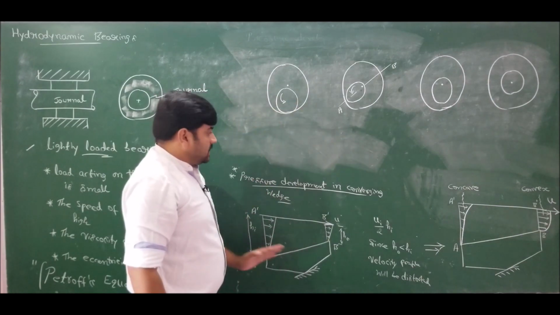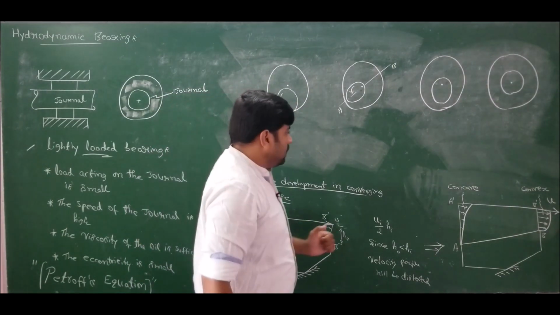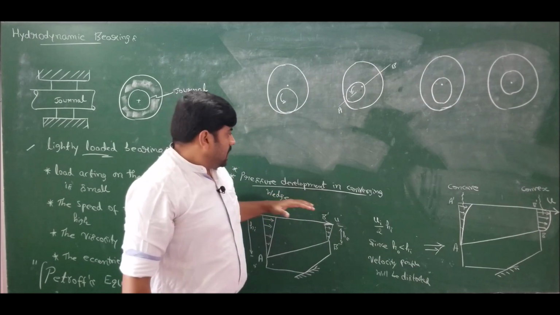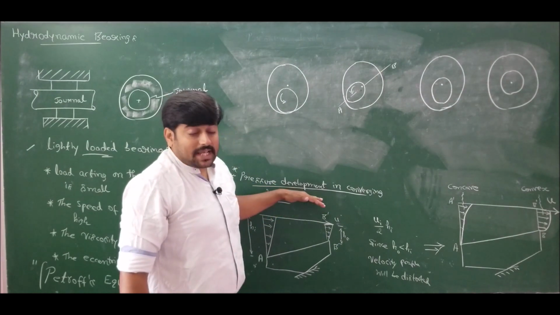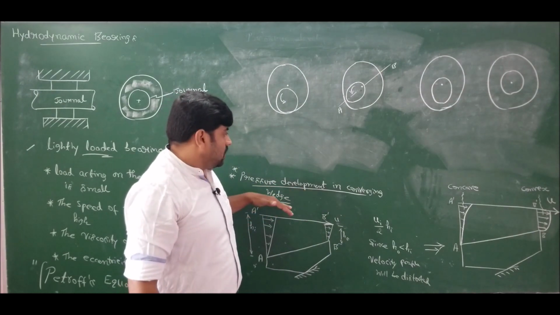So this is how the pressure development takes place in a hydrodynamic bearing. This is the explanation for the pressure development mechanism in a converging wedge or converging cross section.